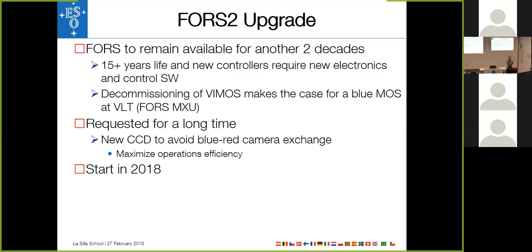And so we don't need to fix the instrument, but we need to bring it into the 21st century, okay? The goal of this upgrade is to make sure that FORS will be working another 15 years, hopefully 20 years, and do the best it can. And so that's why we're working on this. Henri knows this very well.